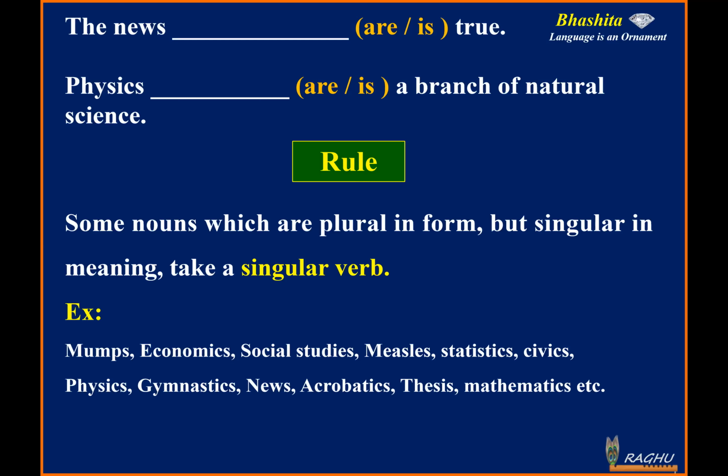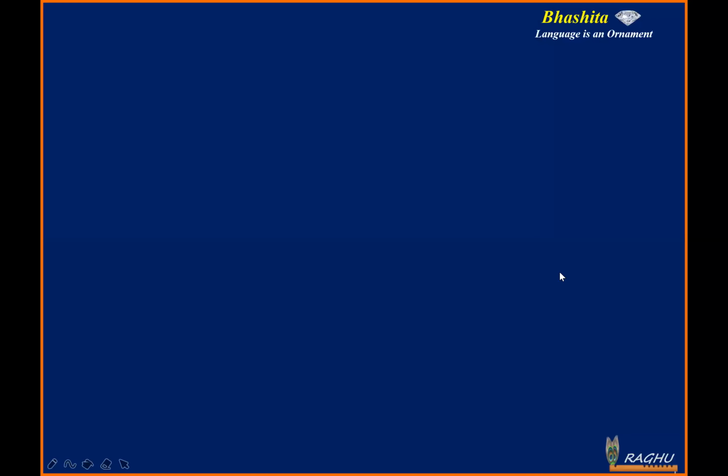So they always take a singular verb rather than a plural verb. So according to this rule, what is the right answer? The news is true. Similarly, physics is a branch of natural science. I hope the rule is clear to all of you.